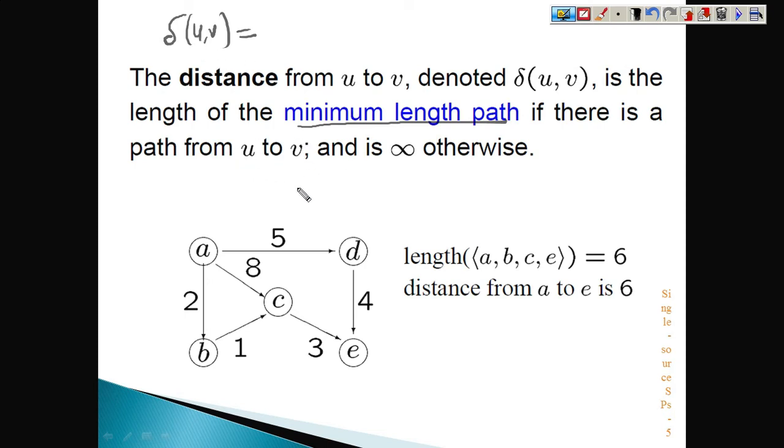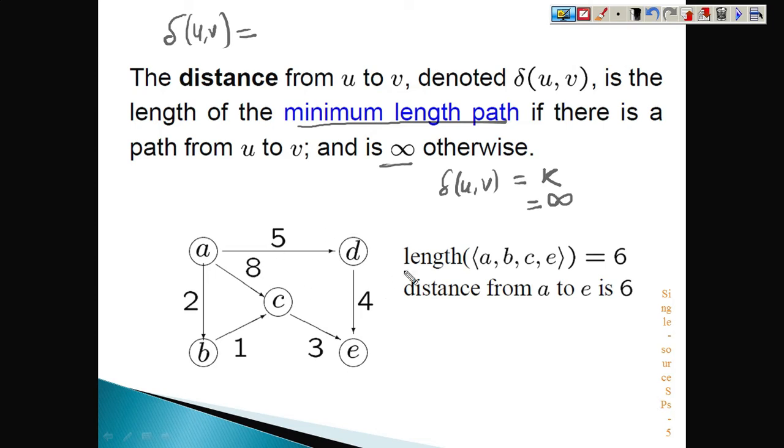So del uv refers to some value if the path exists. If it is, let's say, k, that means this is the minimum cost to move from u to v, and if no path exists, then the value is infinite. So if a path exists, we will get del uv, and otherwise it will be infinite.